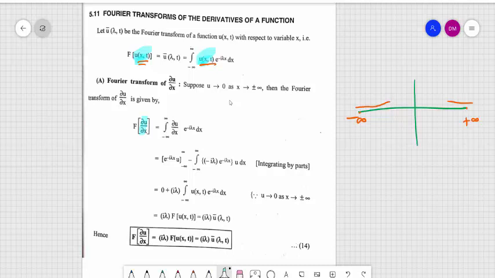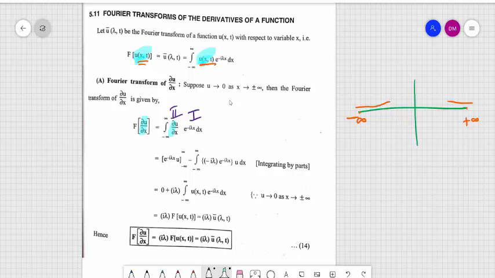So in the same way we use the definition. Then by integrating by parts, we have to choose this as our first function and this as the second function.